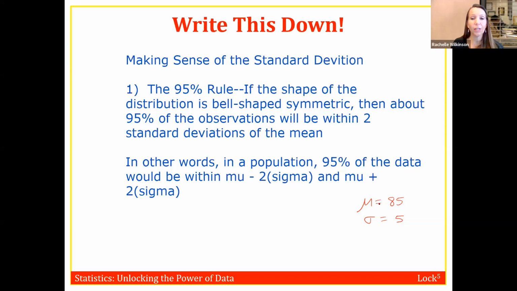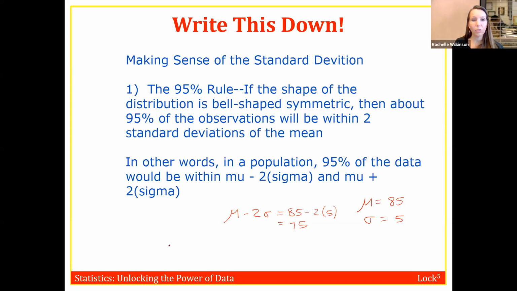And the data was bell-shaped symmetric. If I take mu minus 2 times sigma, that would be 85 minus 2 times 5. 2 times 5 is 10, so that gives me 75.